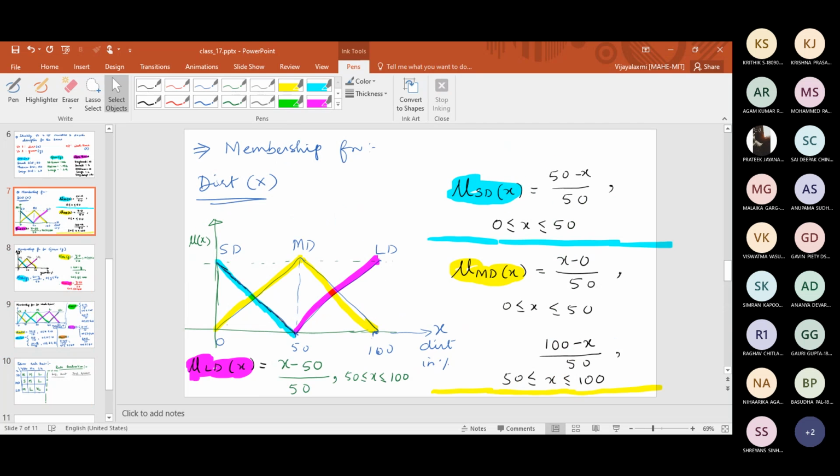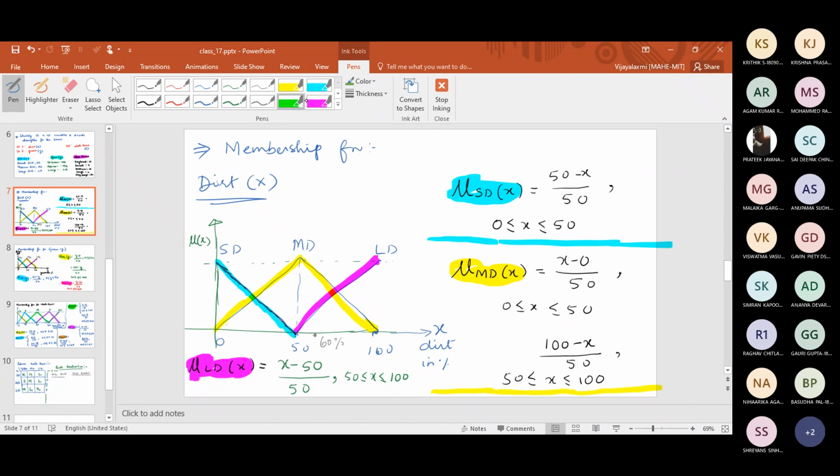So 60% dirt is somewhere here, correct? In the membership function, what all comes if it is 60%? Please see here.